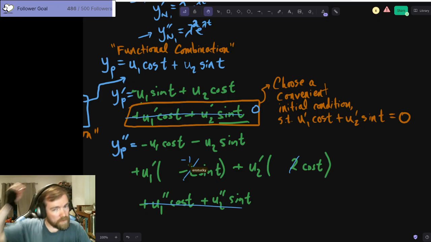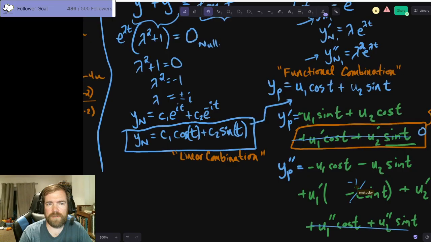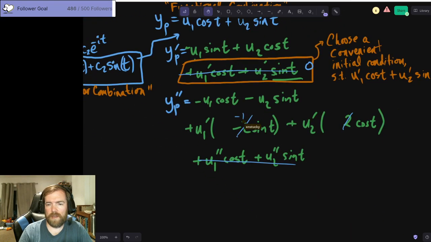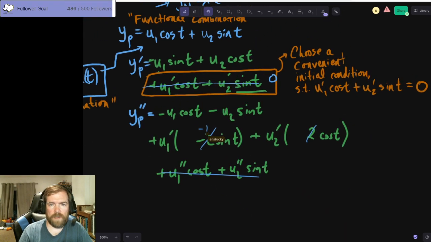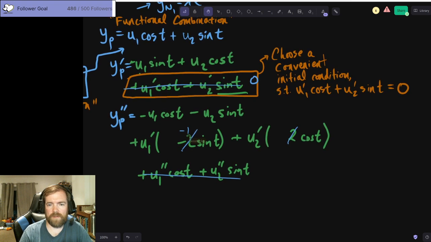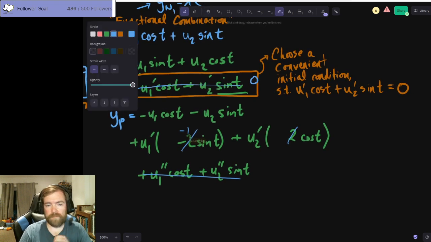Okay, so then we go back to our differential equation, which was again y double prime plus y is going to be equal to tangent of t. And substitute in the appropriate functions.